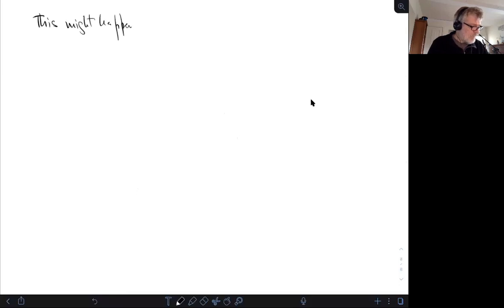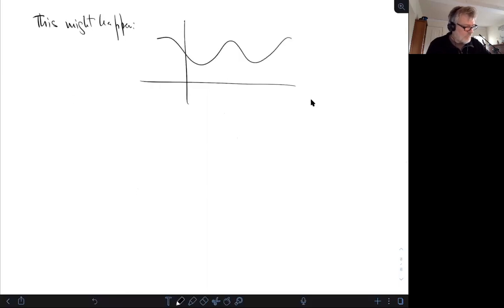In theory, you might have something like this. Let's say something like that. This could be your region. Yeah, so you're right. It could look like that.